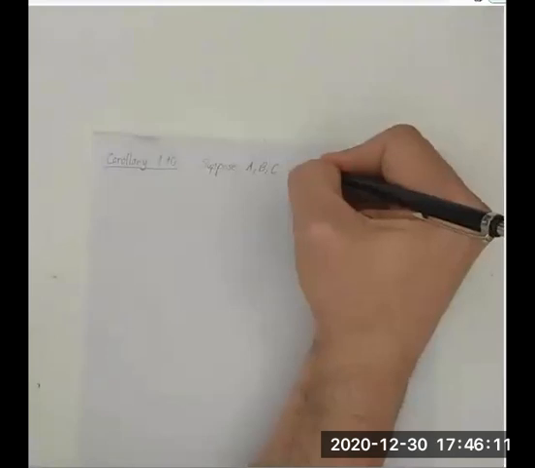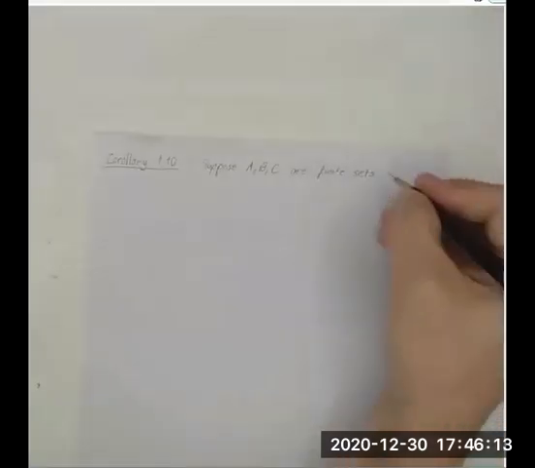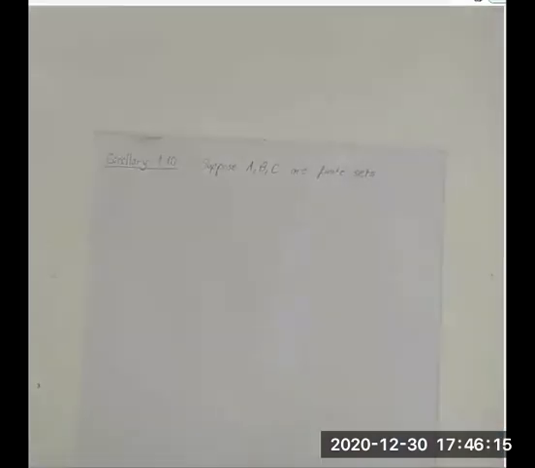Otherwise, if there are infinite sets, we cannot talk about the number of elements. Again, the set A union B union C is also finite.